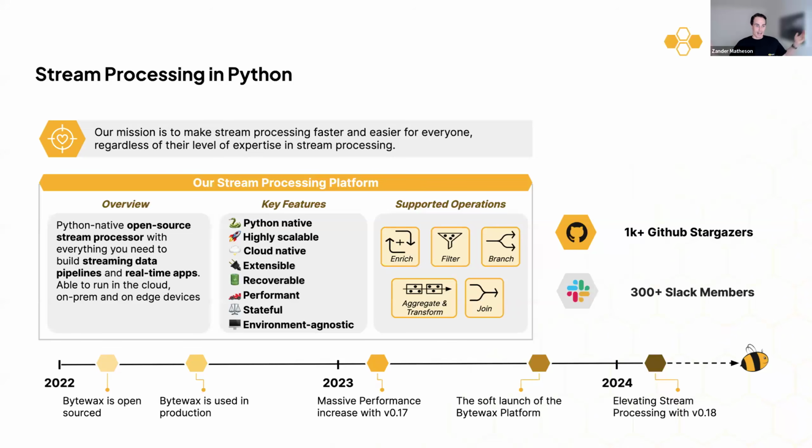So Bytewax, it's stream processing in Python. Our mission is to make it easier and faster to deploy stream processing workloads and to work with streaming data. To help get us towards that mission, we developed a Python native open source stream processor. It has a bunch of key supported operations that you can use for streaming, and you'll probably be using some of them today, like enriching or branching, aggregations and transformations, and joining.